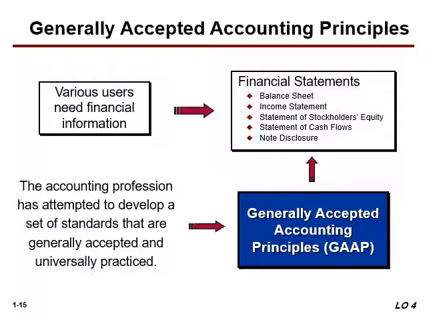These rules are known as generally accepted accounting principles, abbreviated GAAP. When preparing financial statements such as balance sheet, income statement, statement of stockholders' equity, and statement of cash flows, we have to prepare such statements based on general rules and regulations. These rules are called generally accepted accounting principles.